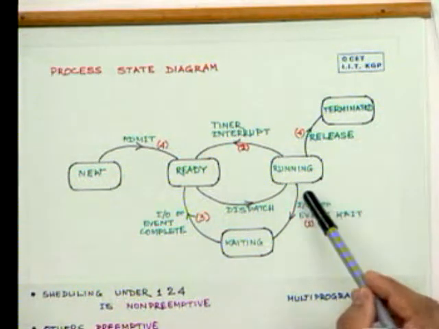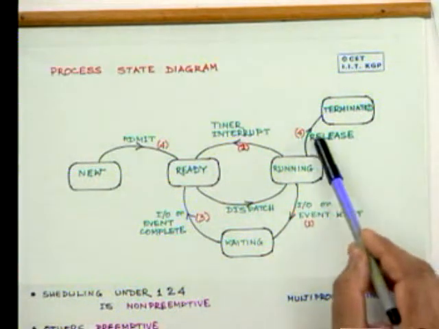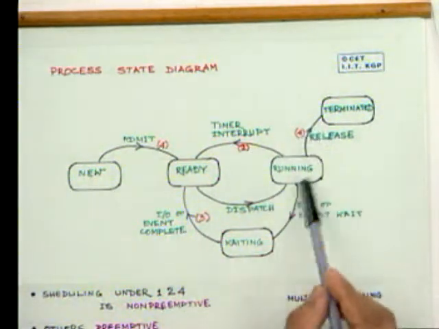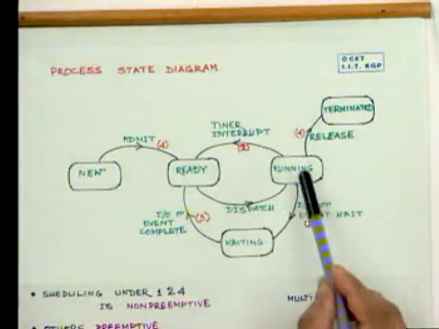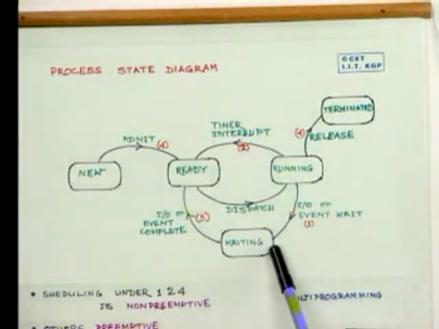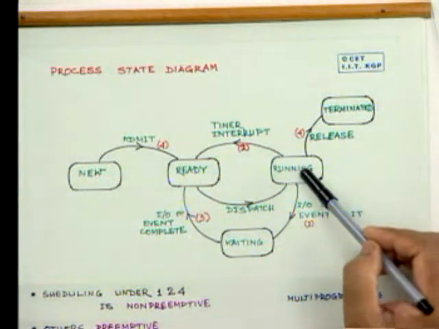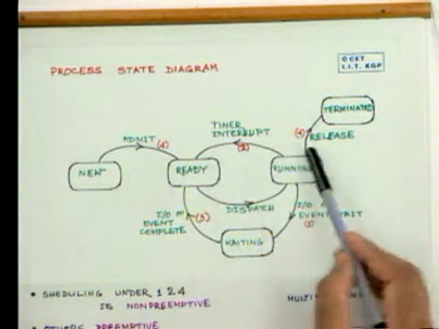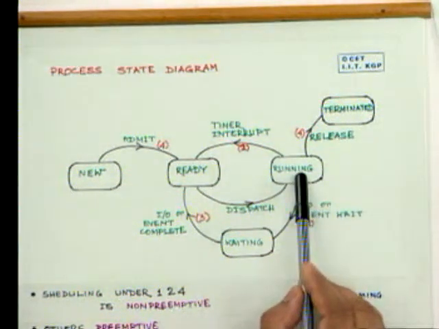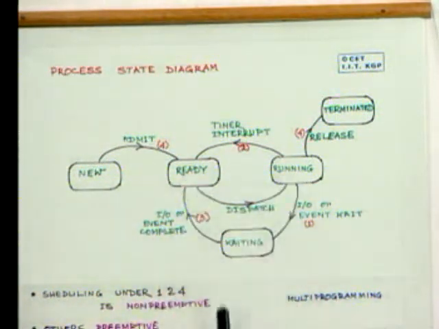Transitions 1, 2 and 4 will invoke CPU scheduling, but in a non-preemptive way, because if a process is in the running state, by transition 1, 2 or 4 it will leave the CPU. Therefore the CPU is idle, and a process waiting in the ready queue will be dispatched.